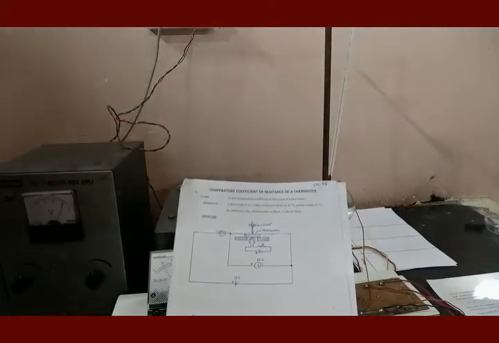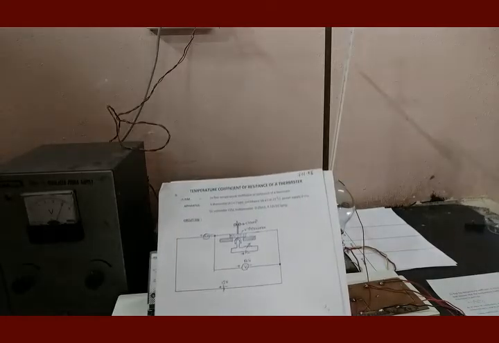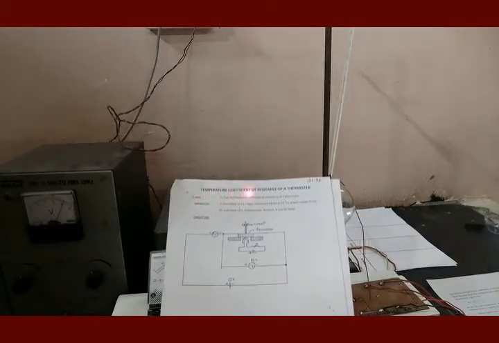The circuit diagram needed for both these experiments is the same. Only we are going to change the heading of the experiment. Temperature coefficient of resistance of a thermistor will be the heading for BSc second year students, and determination of resistance of a thermistor will be the heading for BSc third year students.